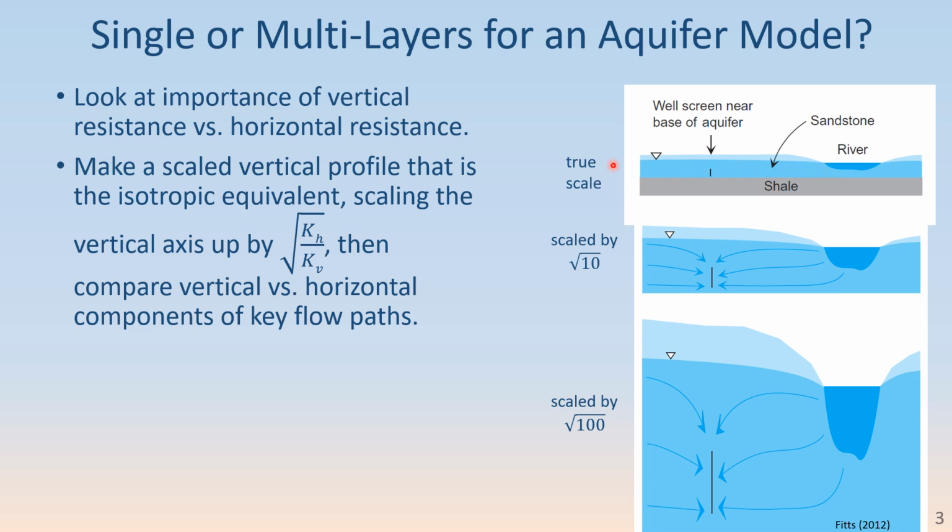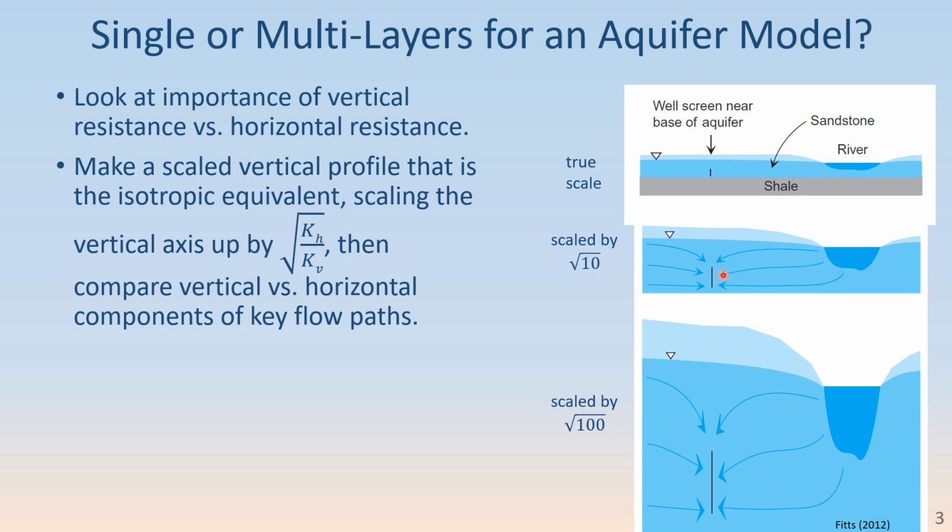If you look at the true scale, there's a lot more horizontal distance than vertical distance between these two things. But let's say we have a 10-to-1 horizontal to vertical ratio of conductivities. To get the equivalent isotropic domain in a vertical profile, we would scale the vertical by the square root of that ratio, 10, and get a profile that looks like this.